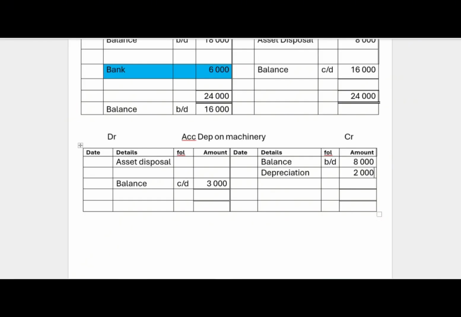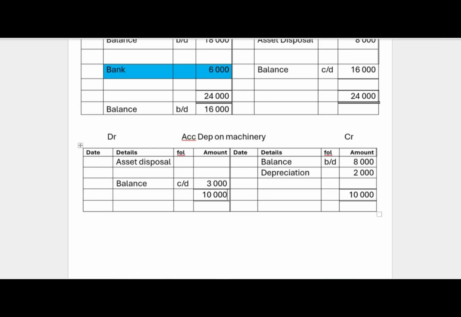And then now we are done with this account. We just need to close it off because there's no other accumulated depreciation on machinery or whatsoever, right? So we are done here. So we are just going to add the 2. So 8,000 plus 2,000 is going to give you a total of 10,000. Okay, 10,000 right there.